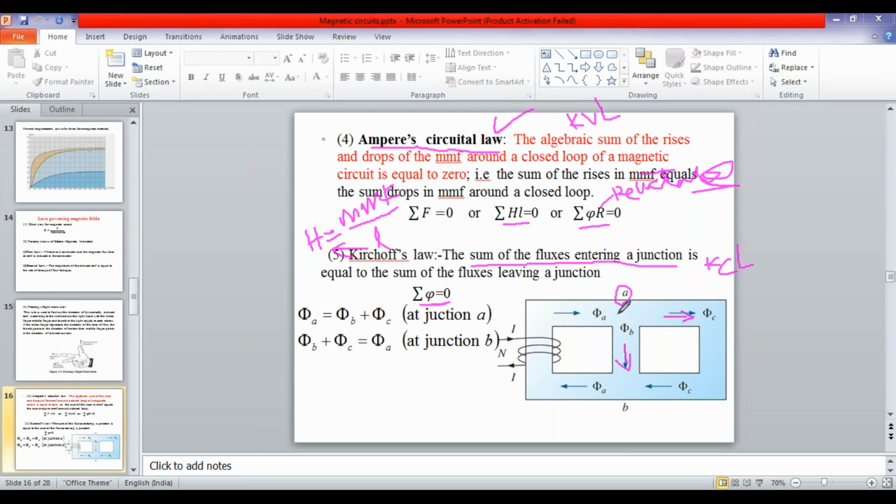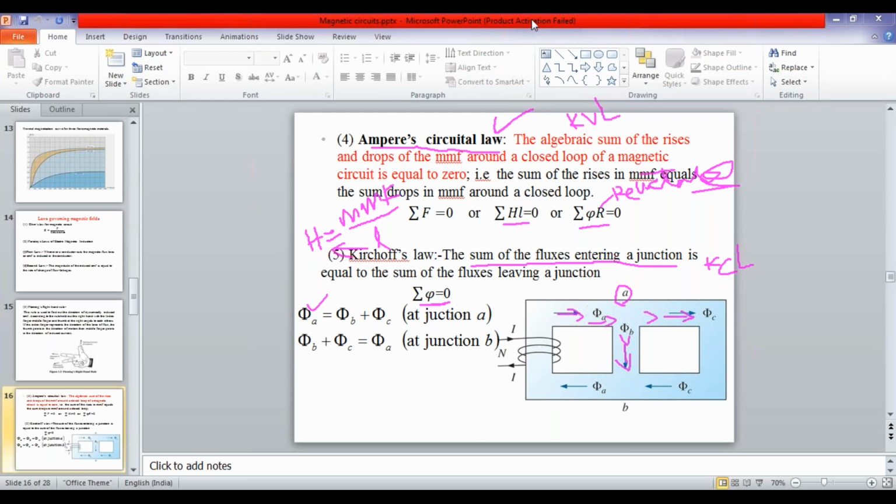How many fluxes are there at this junction? Three fluxes: phi A, phi B and phi C. The flux phi A at this junction divides into two fluxes, phi B and phi C. So by Kirchhoff's magnetism law, the entering flux phi A is equal to the leaving fluxes at this node. These two are the leaving fluxes, and phi A is the entering flux.